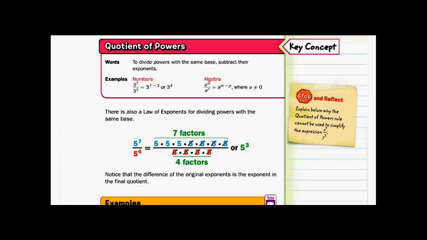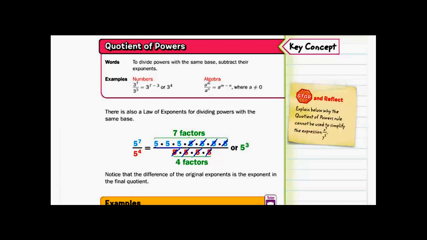Now, here's what it looks like. If you have 5 to the 7th, what that actually means is you have 7 fives. If you have 5 to the 4th, you have 4 fives. You can cancel one on top with one on the bottom, three times. What do you actually have left?